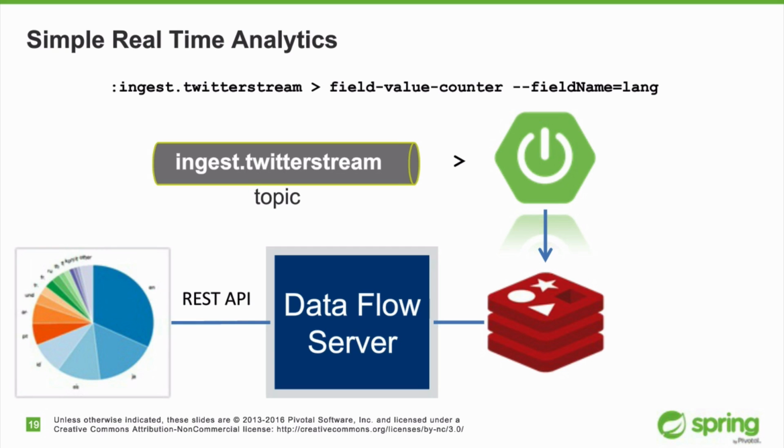What we can do is use this colon syntax to say, off the ingest stream, I'd like to get the topic that comes right after the Twitter consumer. And I now like to direct that to be consumed by a sink that we call a field value counter.